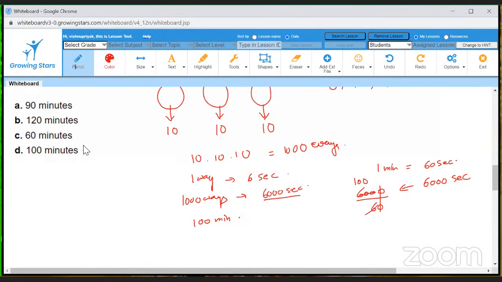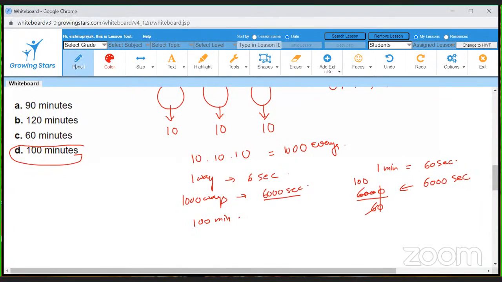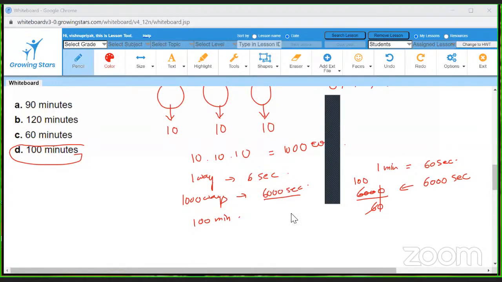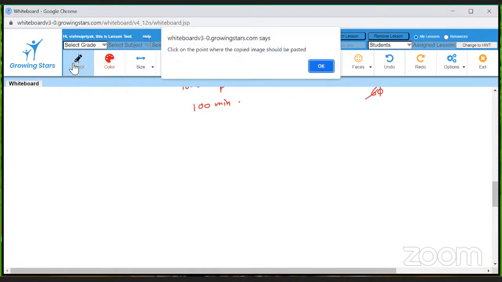Because the answer is given in minutes, I have changed to minutes. And in the question, they're asking how much time it will take to open. Time taken you have to write and nothing else. Okay, next question.